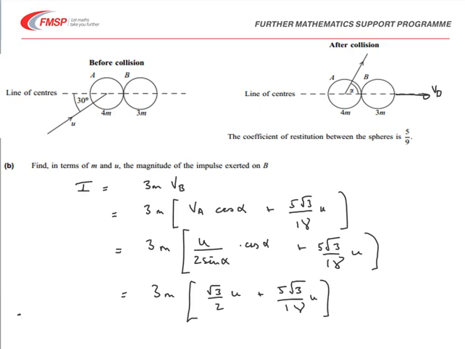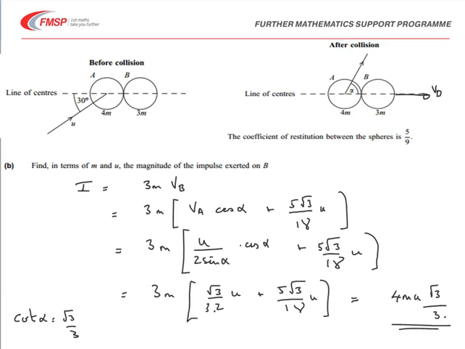Sorry, a slight slip there. Cot alpha is root 3 over 3, not just the root 3, so there's a root 3 over 3 multiplying in there. Multiplying through by the 3, and then gathering these two together, that turns out to be equal to 4mu root 3 over 3. So there's our expression.